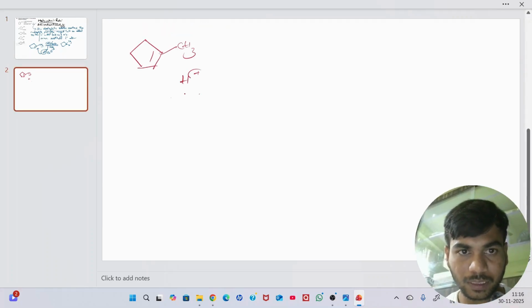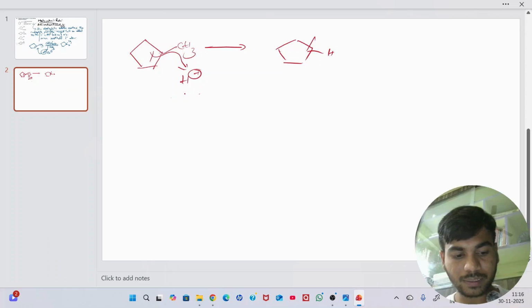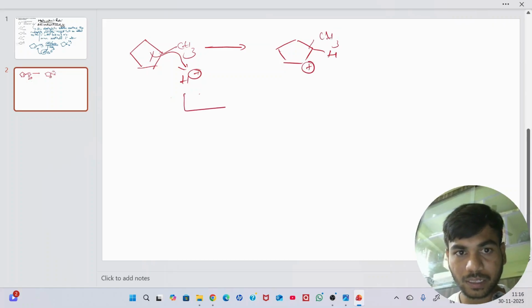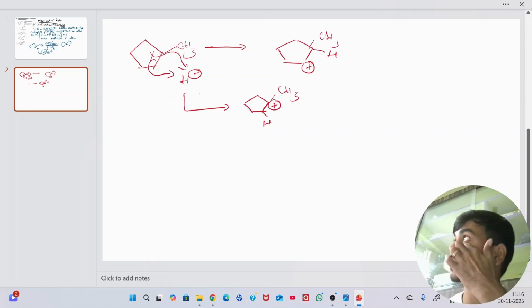Consider H plus attacking from this side: H plus is added at the methyl side, and you will get a positive charge over here. The other possibility is H plus attacking from the other side, so hydrogen is placed here, methyl is over here, and you will get a positive charge on this side.